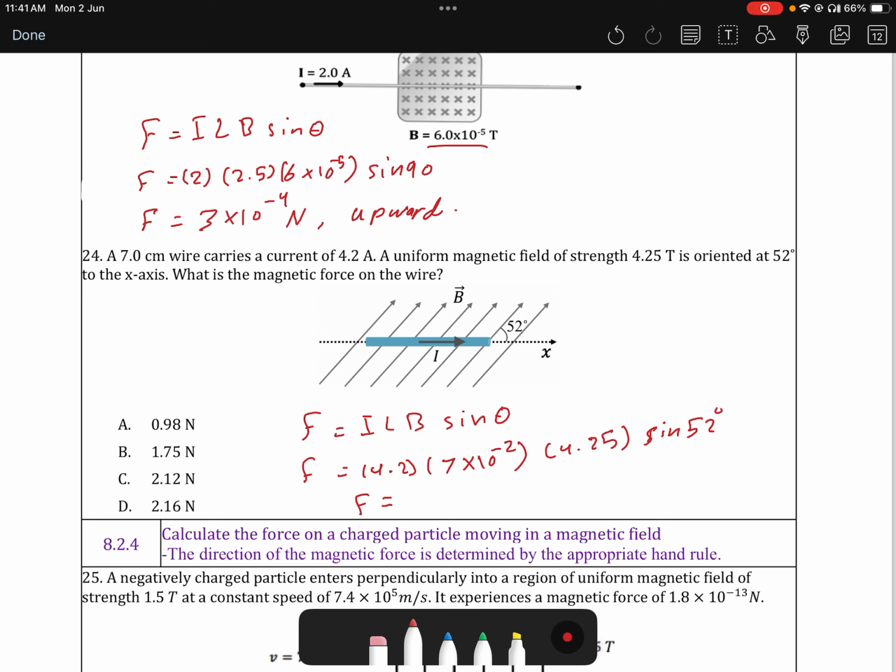We will find that the answer is 0.98 Newton. As you can see, the angle between B and the current is 52, so we use that angle.